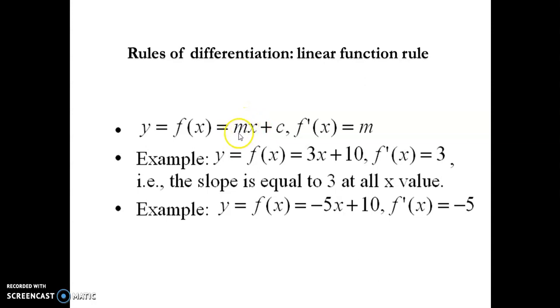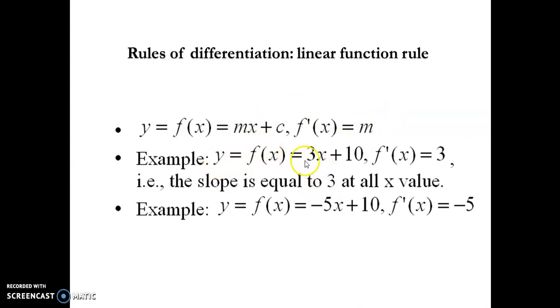M is the coefficient, and we know that to be the gradient of this function. C just represents a constant. And from the previous rule, you know that if you differentiate a constant, it differentiates to 0. Hence, according to the linear function rule, the derivative of the linear function is going to be equal to the coefficient of x, and the coefficient of x here was m. So let's look at an example.